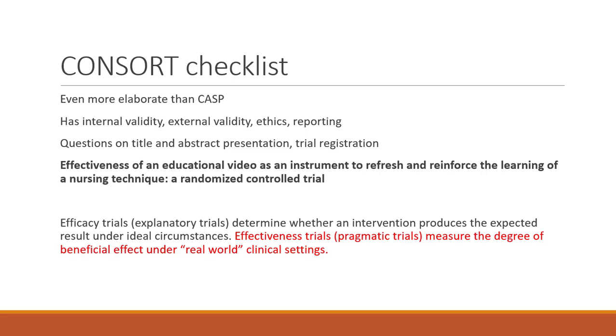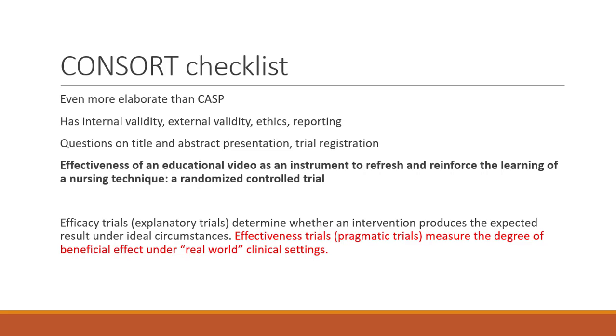Efficacy trials are explanatory trials which determine whether an intervention produces the expected result under ideal standardized circumstances. As you know, the study that we were talking about is an efficacy trial. It determined whether the intervention of an educational modality produced a change under a standard circumstance, not in the real world, or if they did, it was not mentioned. Real world clinical settings was not mentioned.